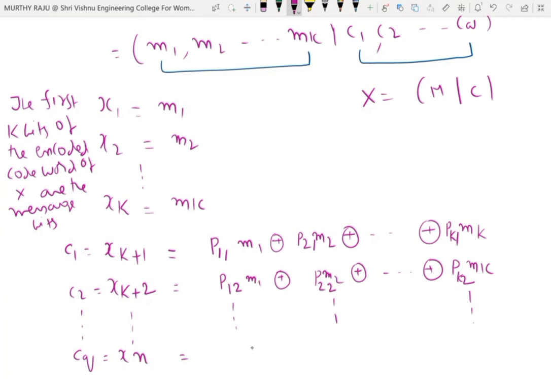Here again m1 exclusive OR m2 exclusive OR and so on mk, where the message range is from 1 up to k. Here q is the last check bit, Cq, with coefficients p1q, p2q and pkq.